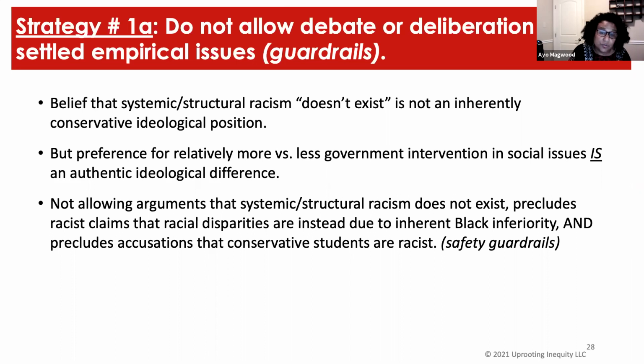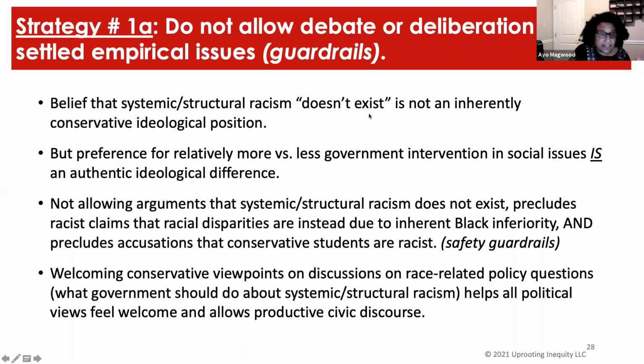So by putting on these guardrails, you prevent students from saying racist things, and you also prevent the conservative students from being called racist, which are the two things that are going to shut down a classroom and bring in the parents, right?